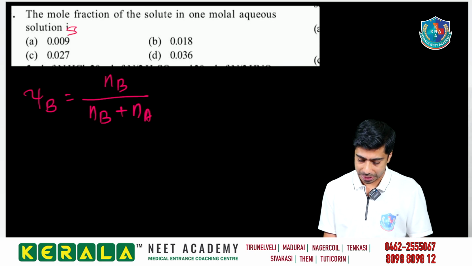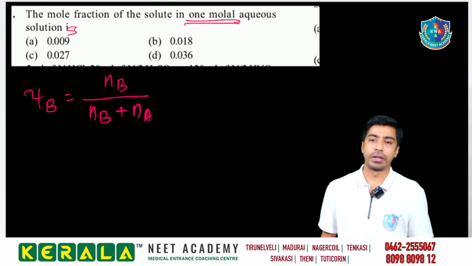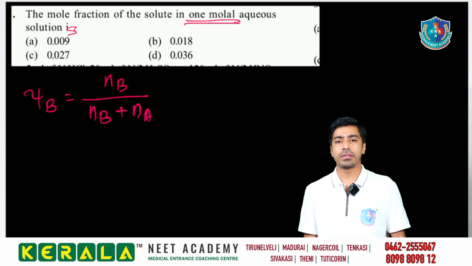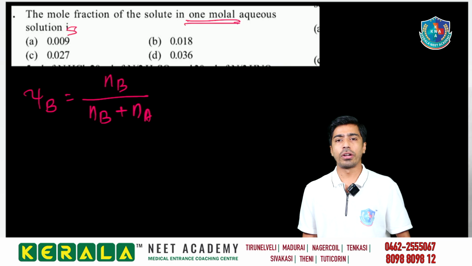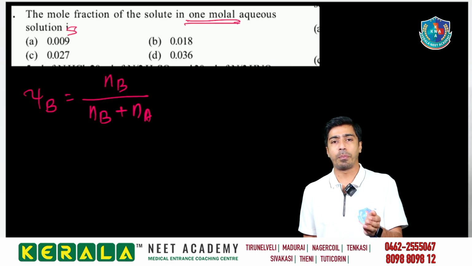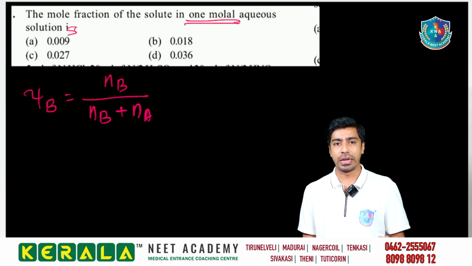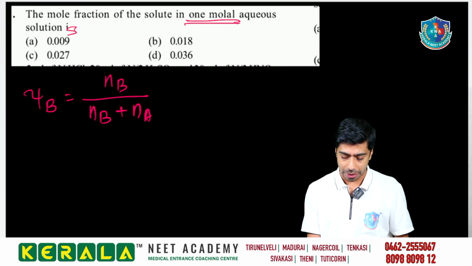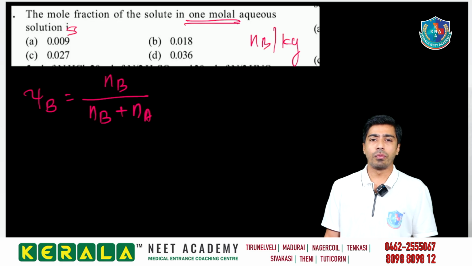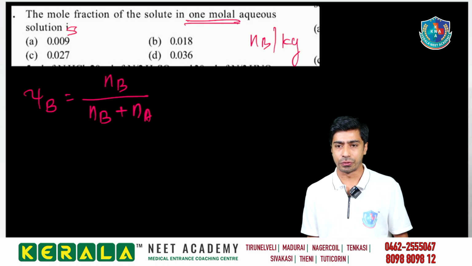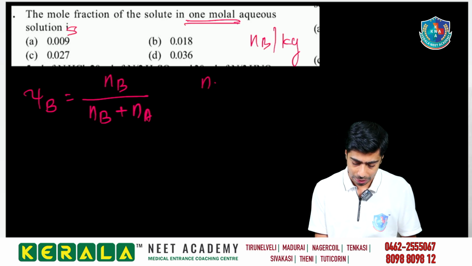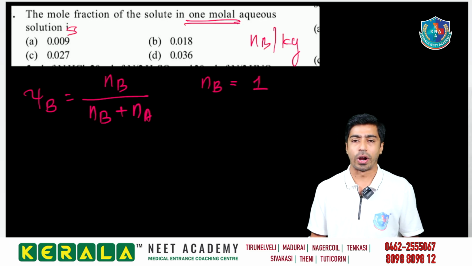So here it is mentioned as a 1 molar aqueous solution. We know that molality is the number of moles of solute dissolved per kilogram of the solvent. So 1 molar means 1 mole of solute dissolved in 1 kilogram of solvent. So Nb value will be equal to 1.